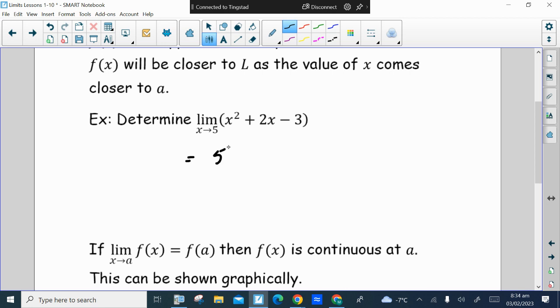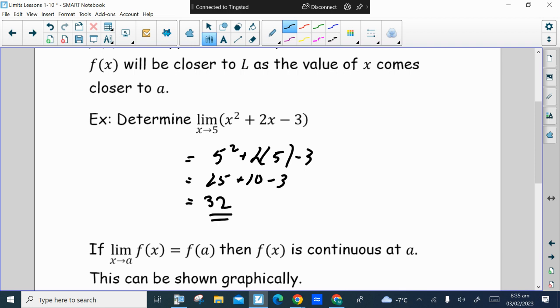That'll be 25 plus 10 take away 3, which is 35 take away 3, which is 32. So that's the value of that limit.